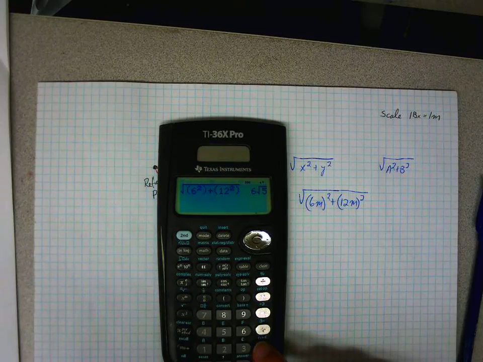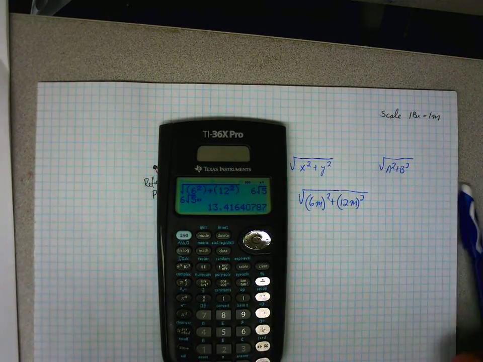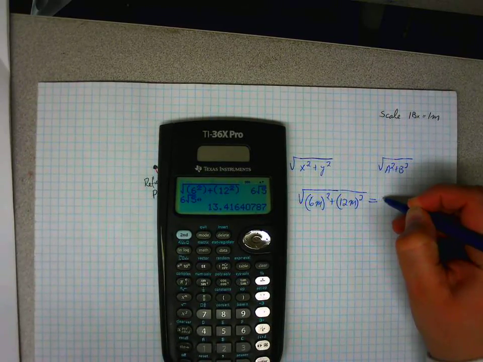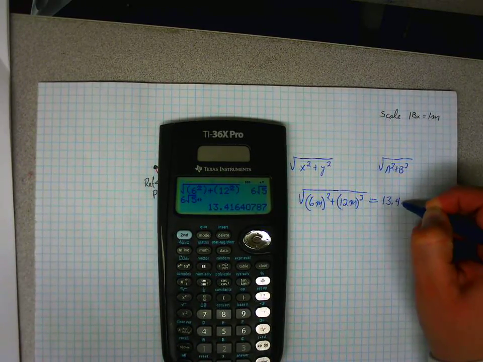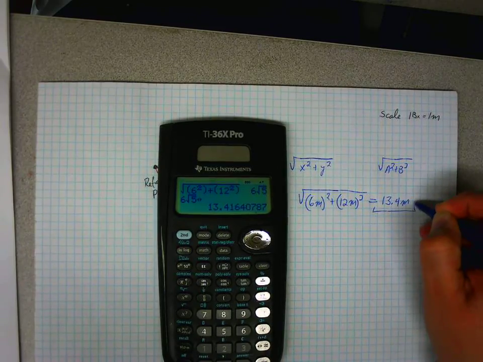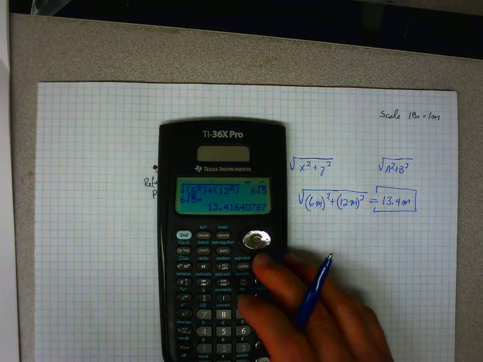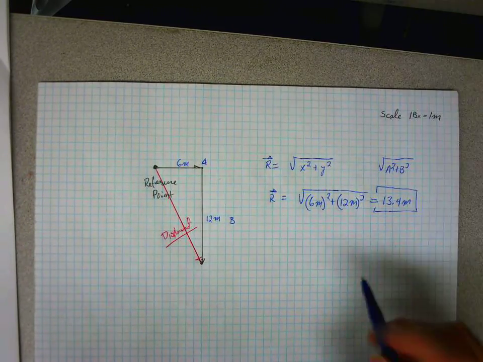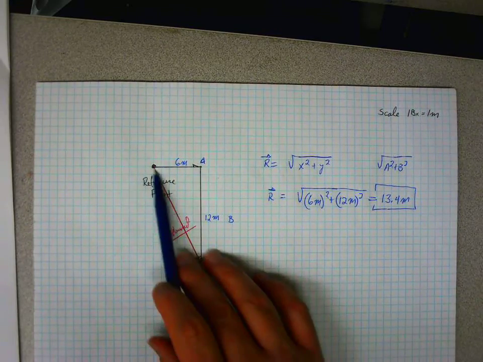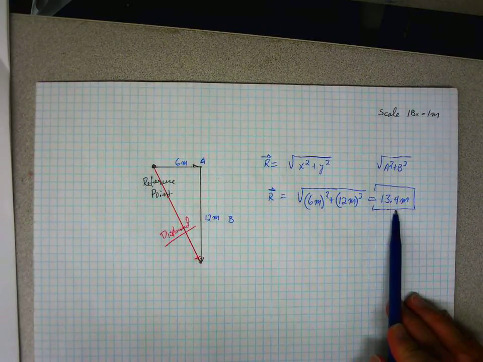If we press this button here with the double arrows, we will get the actual number to be 13.4 meters. So this distance is going to be 13.4 meters.